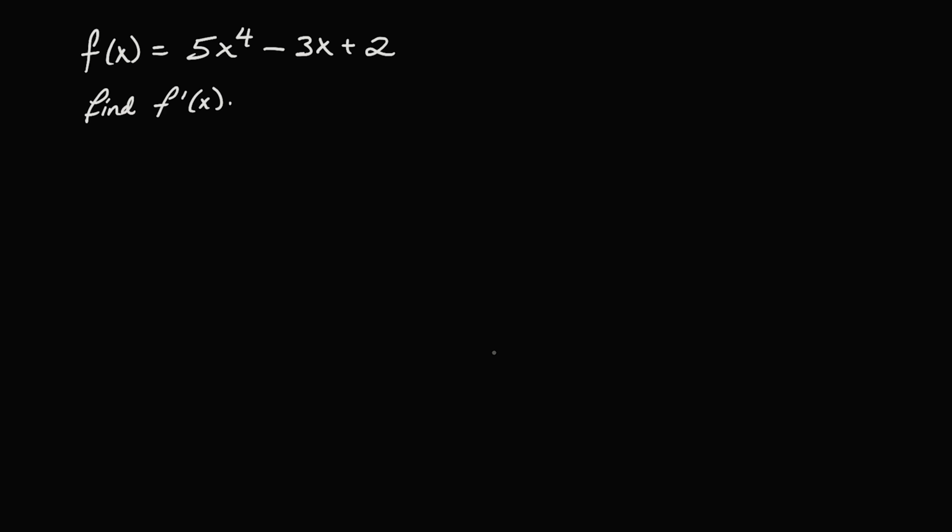Alright, so hopefully you paused the video and looked at the problem on your own and tried to figure it out. Now, we're going to get to solving it. So now, we have 3 terms here. We have 5x to the 4th power, we got negative 3x, and then we got plus 2. So, since we can use the sum and difference rule, let's use that first.